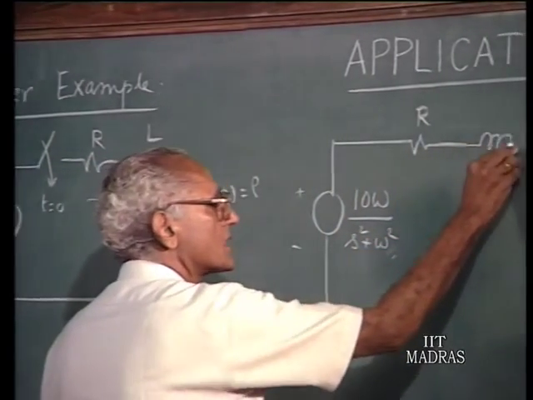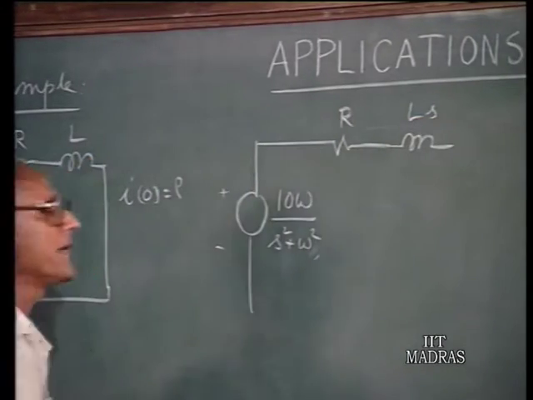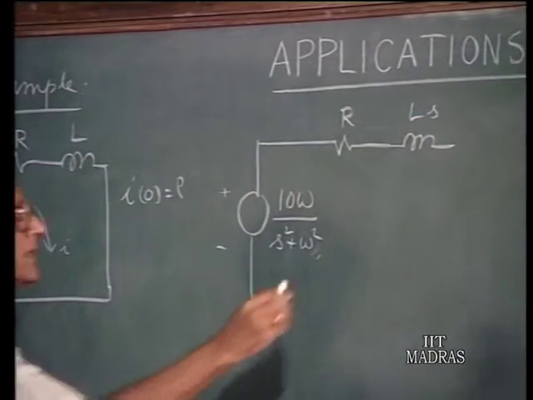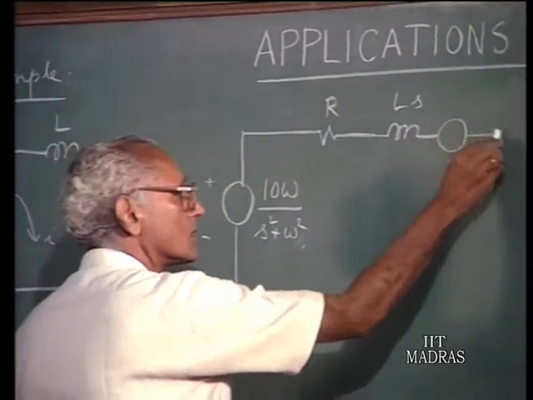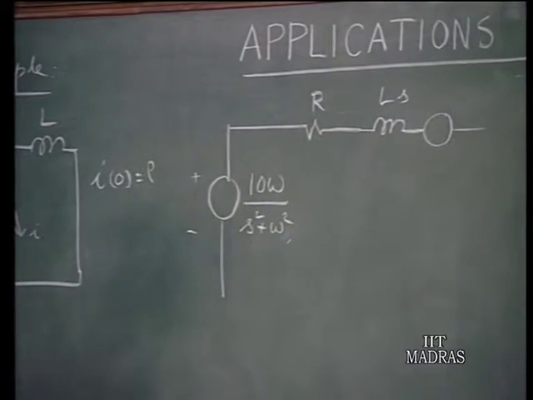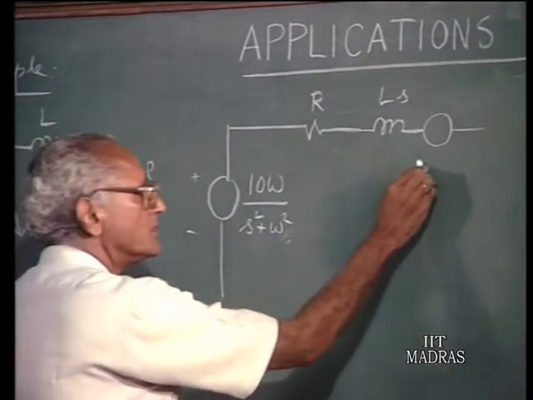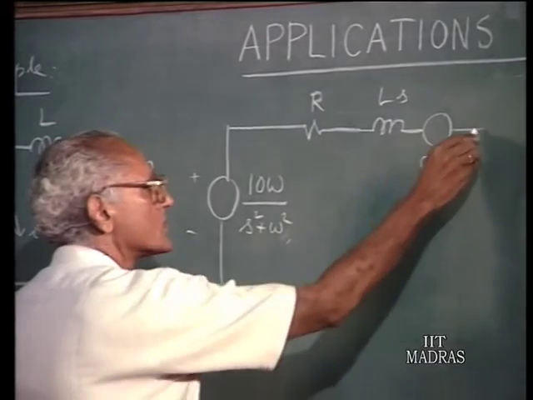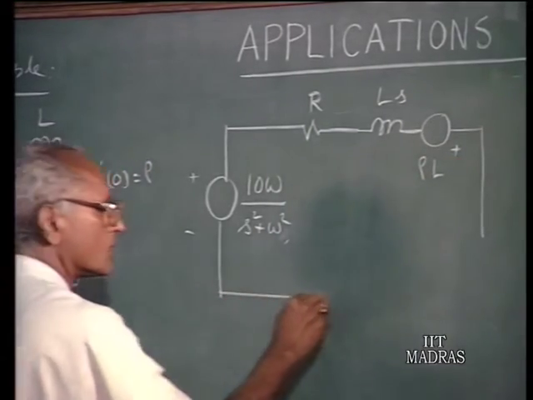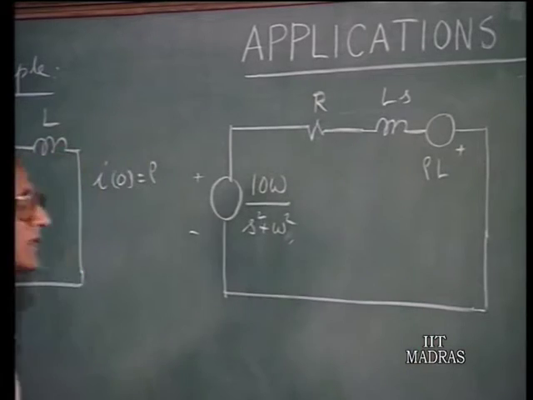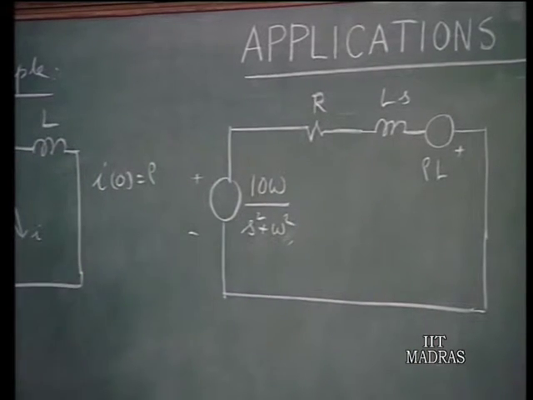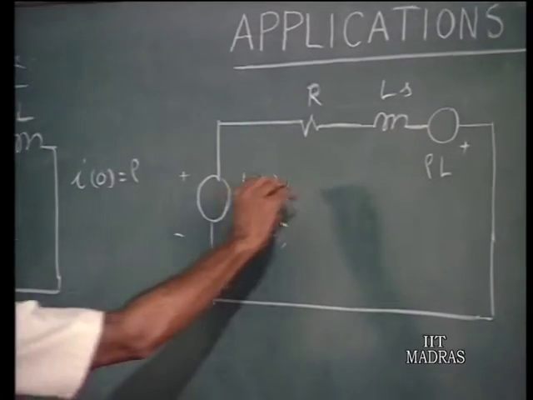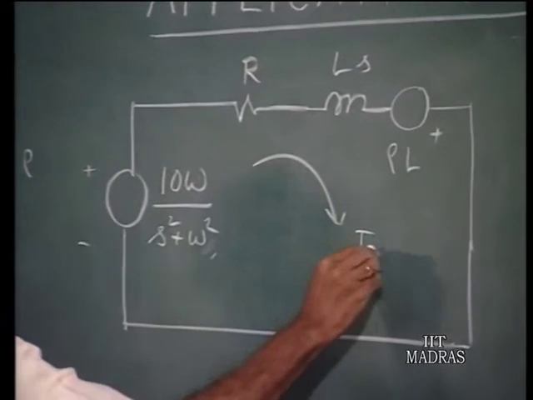As far as the inductor is concerned, you have a generalized impedance Ls, and in addition you have a voltage source representing the initial current in the inductor, which is rho times L. The voltage of that voltage source is L times rho. So, that completes the transform diagram, and in this we are interested in finding out the current I(S).